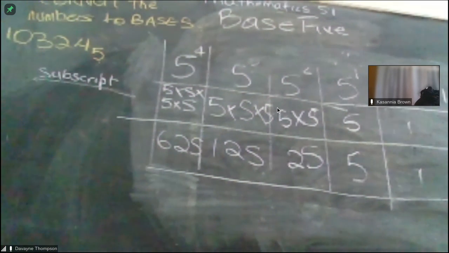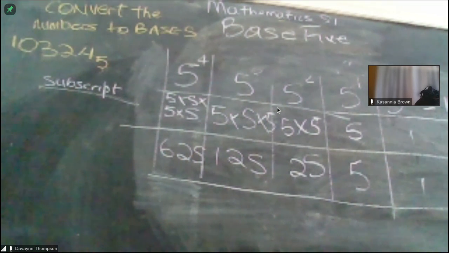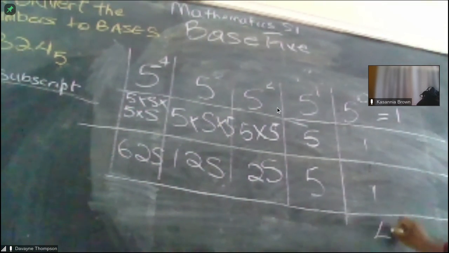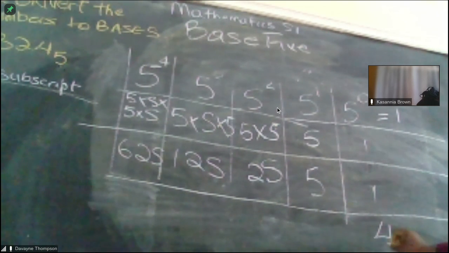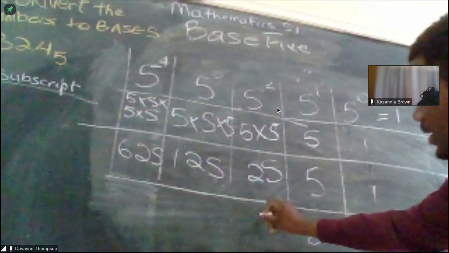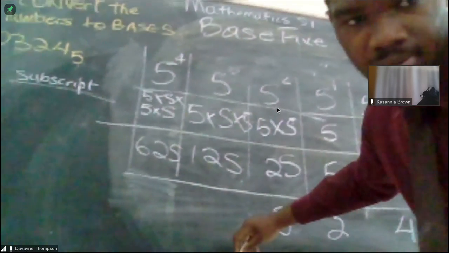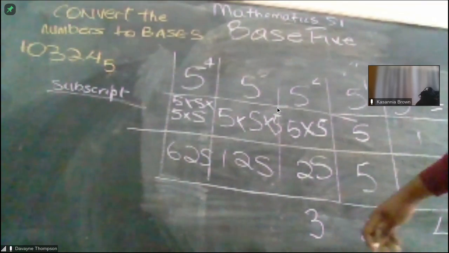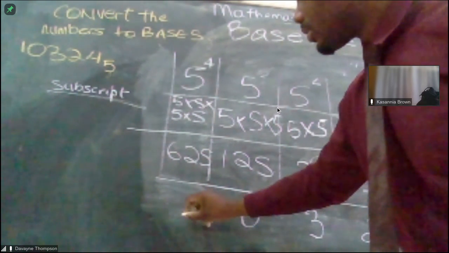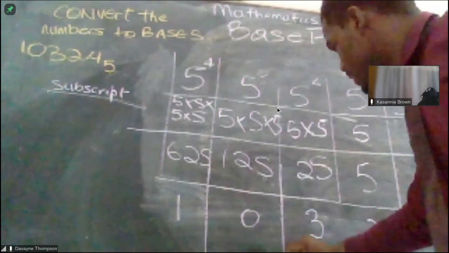So if I have 10324, I'm going to start by labeling over here 4, 2, 3. What's the next number? 0. And the last one? 1. So that's how you would draw in your answers.